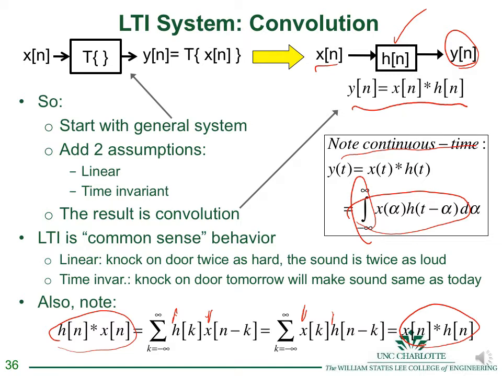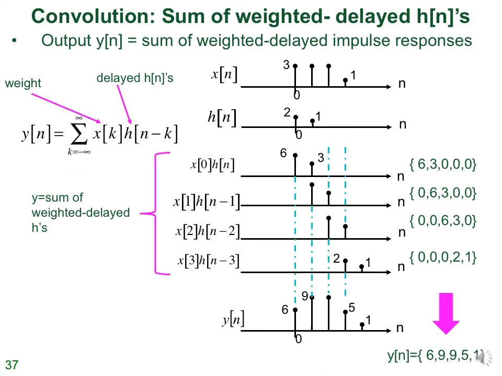So one way to do convolutions, perhaps the most insightful way, is to view the convolution sum, where we view the x of k's as weights, and the h of n minus k's are just delayed versions of the impulse response.